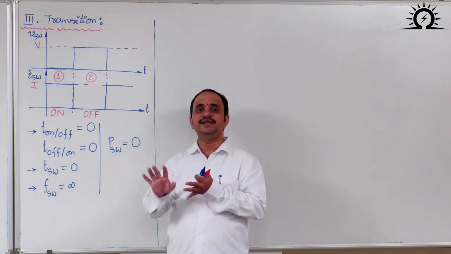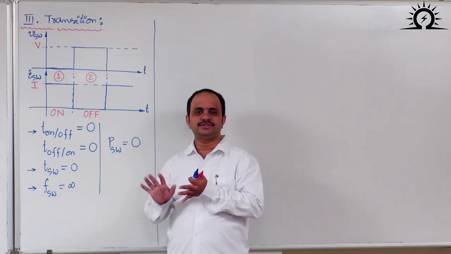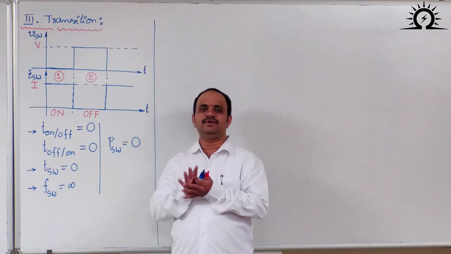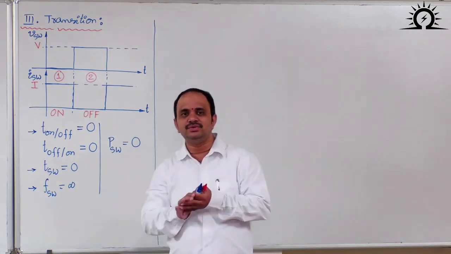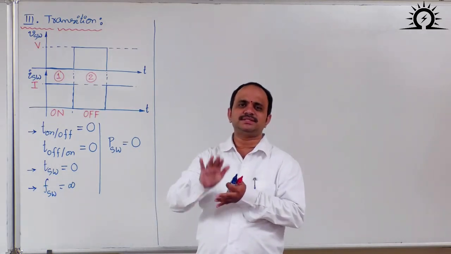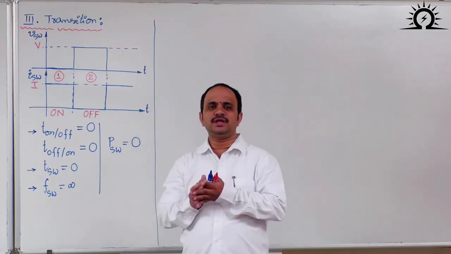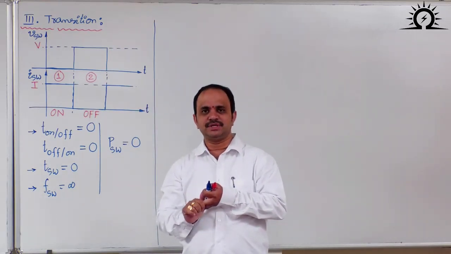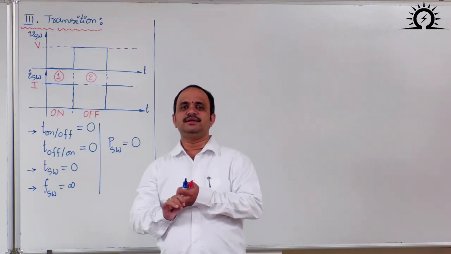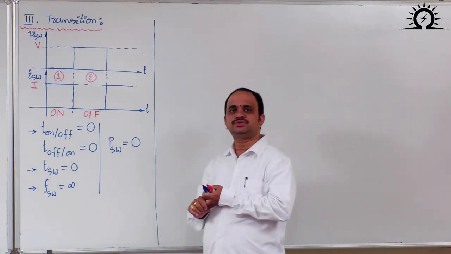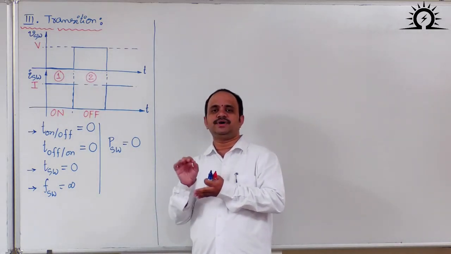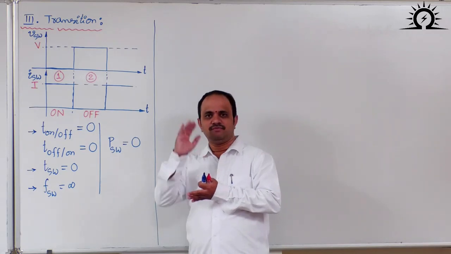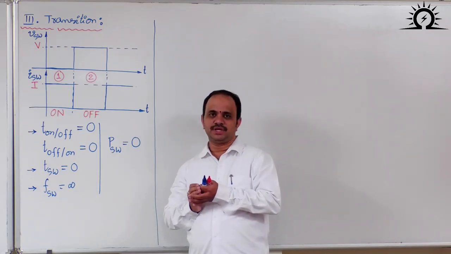These losses ideally 0, but practically these are not 0. They are finite values, but these finite values are much less than conventional rotational electrical machines. That is the main reason for power electronic circuits to have higher conversion efficiencies, okay, what we discussed in the introduction lecture.